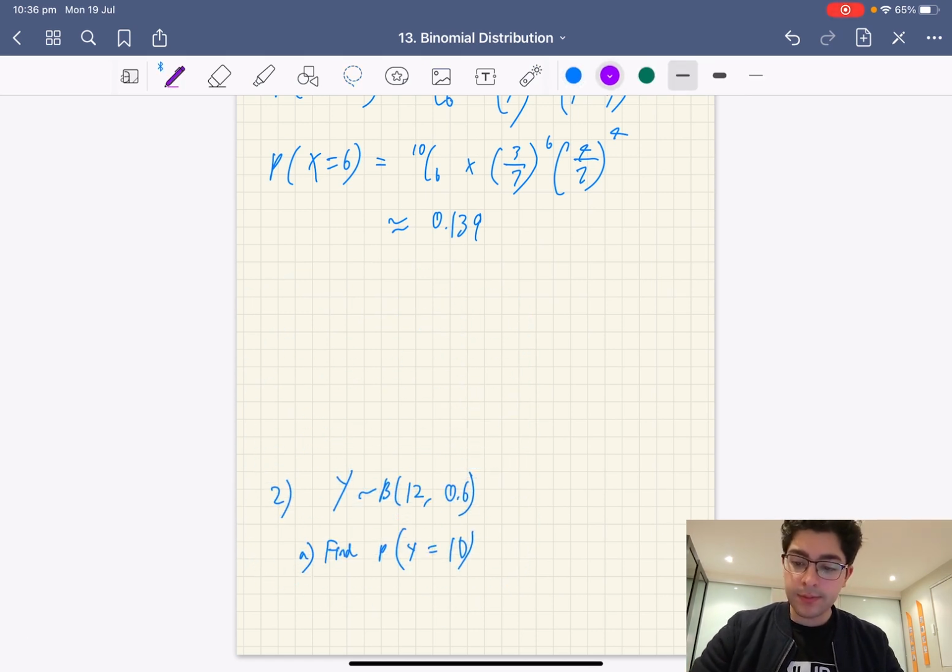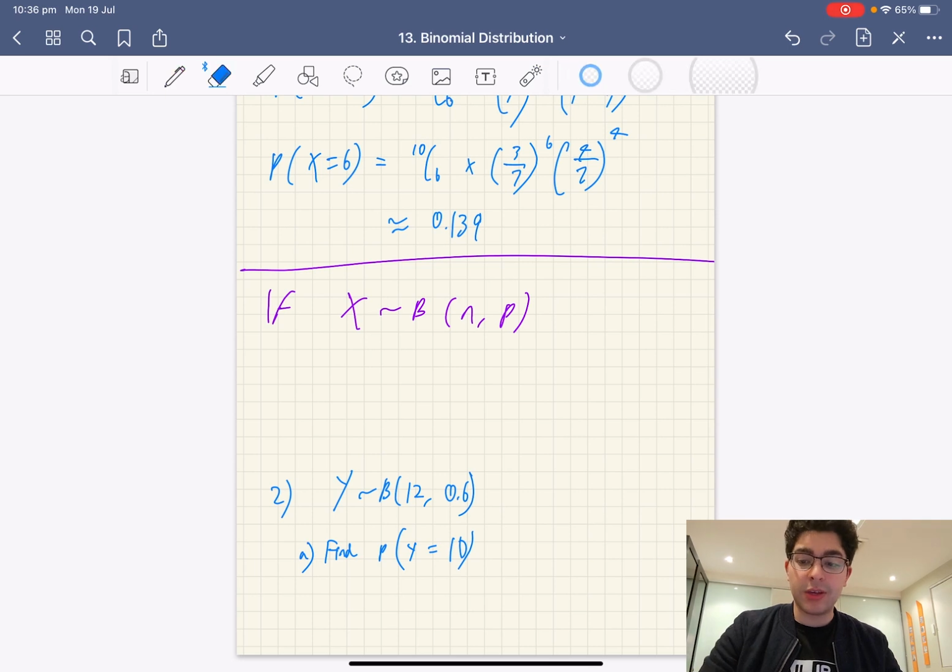If I said x is distributed binomially, we have n and then p. That's the notation that we need to be familiar with.